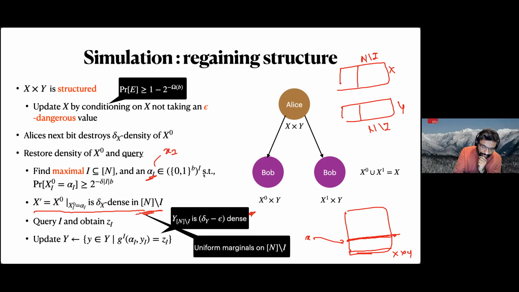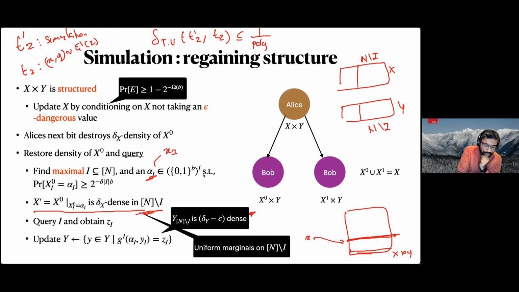So these two distributions, T dash C, which is done by our simulation algorithm, and TC, which is XY uniform random over G inverse of C, are only statistically close. Basically their total variation distance is 1 over poly n.